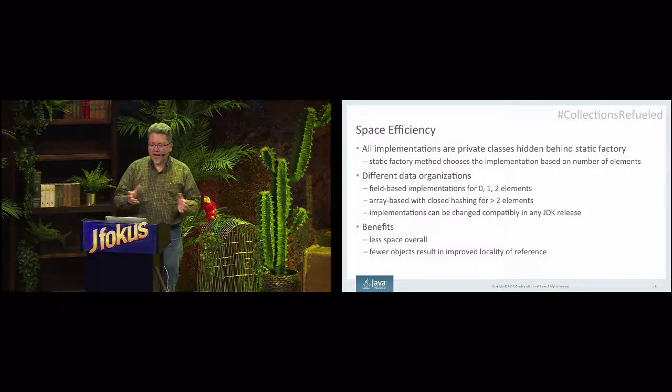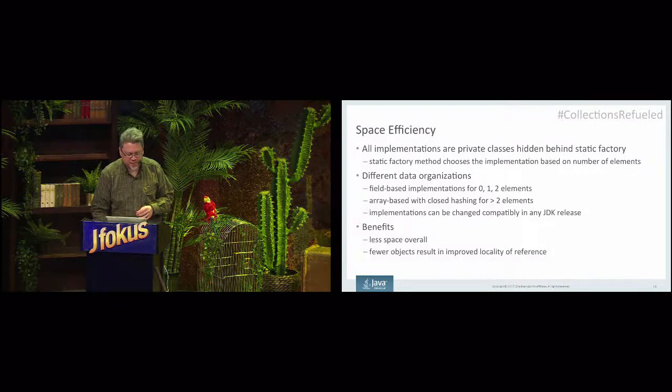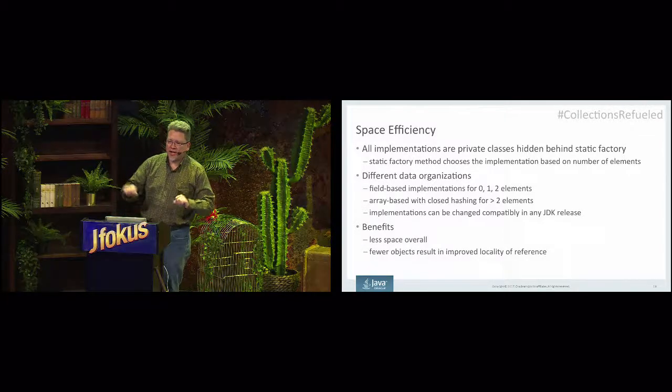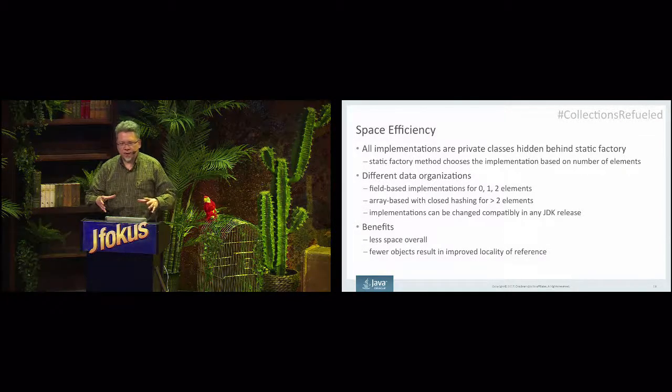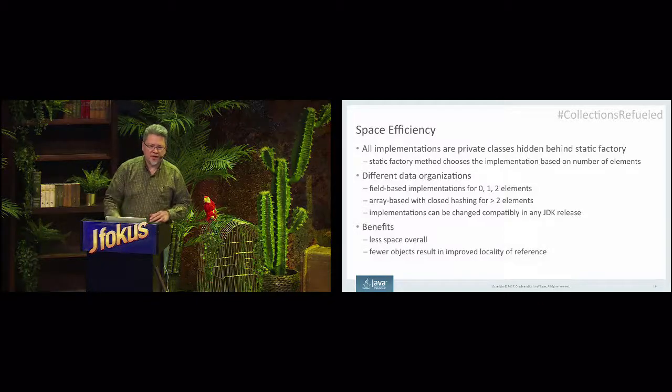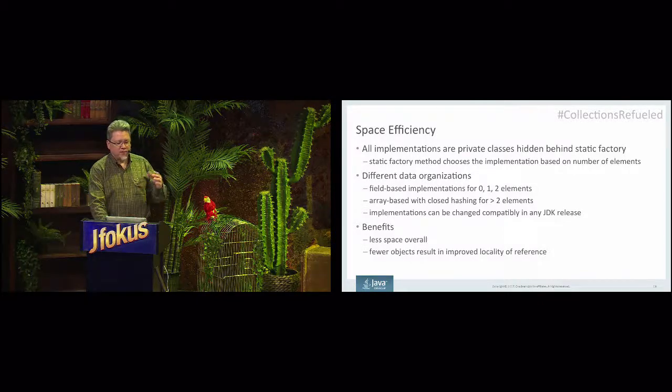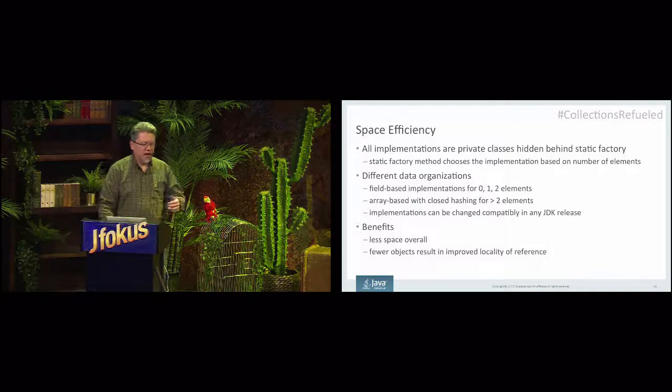So that makes things much more space efficient than a hash map is. Not only is the amount of space overall consumed lower, but since there are fewer different objects and they are less spread over memory, we get better locality of reference. So when you're traversing a data structure, we have fewer cache misses and higher performance.